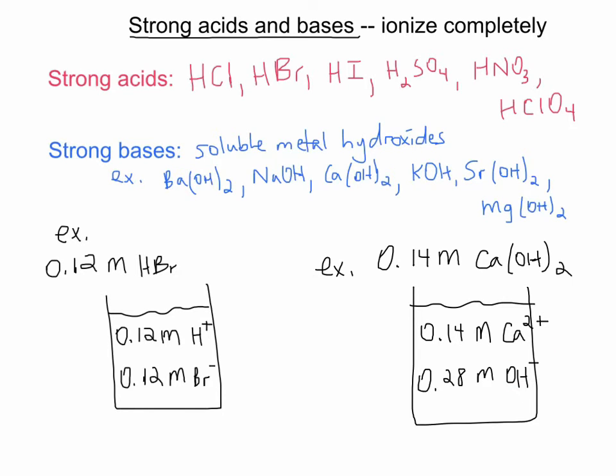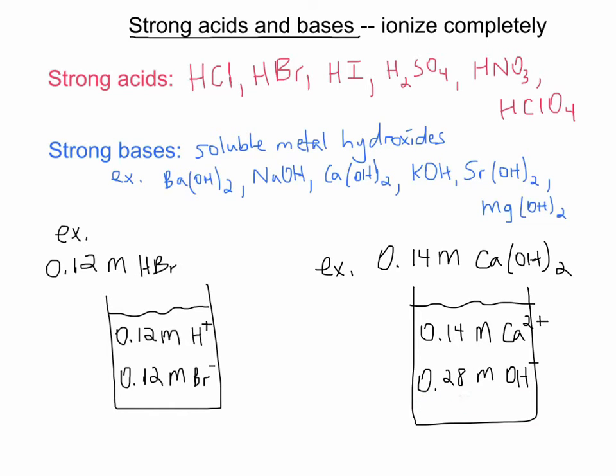However, notice that in this formula there's one Ca2+, but there are two OH- ions. So when this ionizes in water, we have 0.14 molar Ca2+, but we have 0.28 molar OH-.